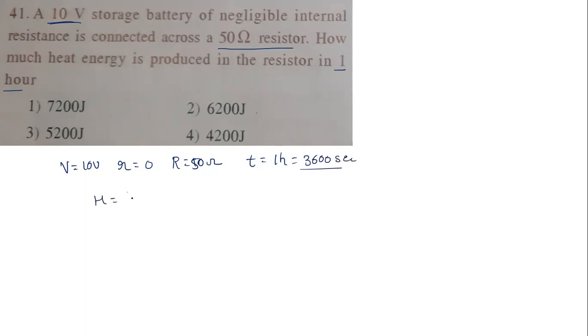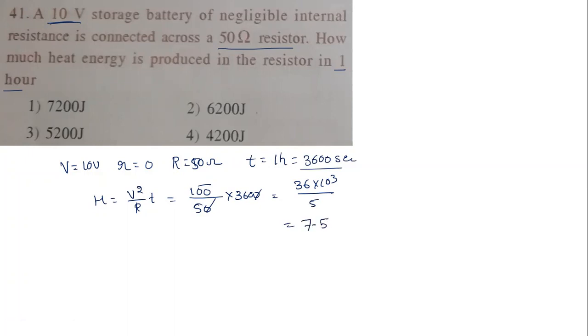Heat energy equals V square by R times T. V square is 100, divided by R which is 50, times time which is 3600. So this zero cancels and it becomes 36 into 10 power 3, divided by 5. So it will be 36 by 5.